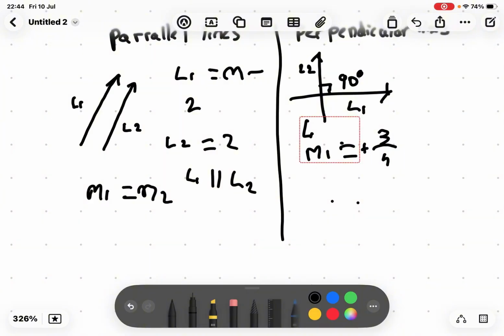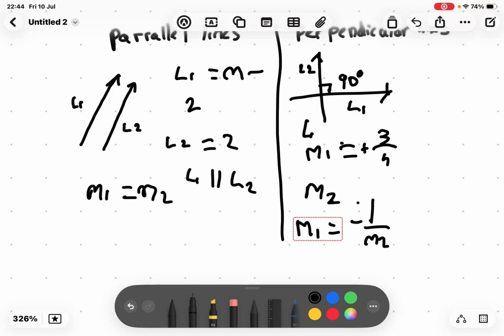What would M2 be for L2? Well, what if I tell you that M1 equals negative 1 over M2?